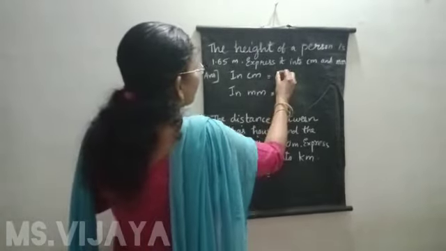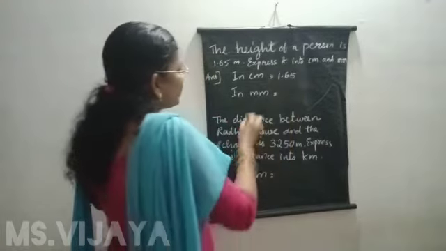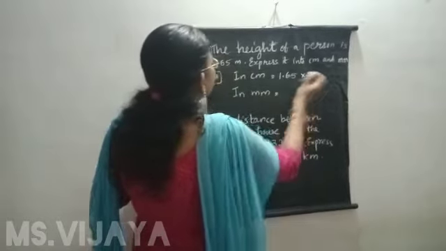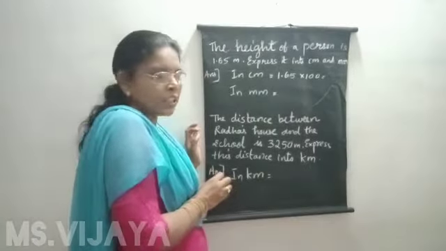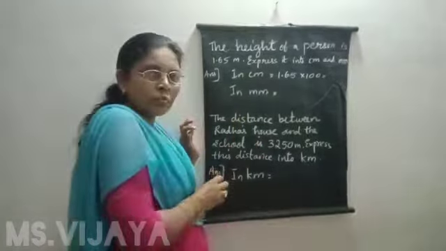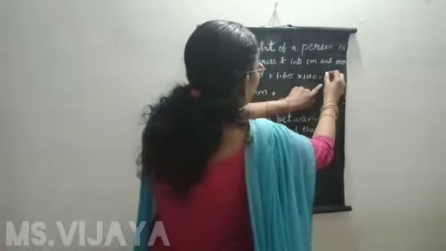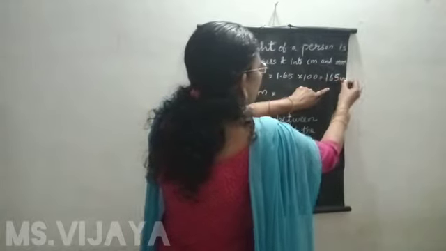Yes, 1.65 into 100. You know that 1 meter equals 100 centimeter. So to change a larger unit into a smaller unit, we must multiply. 1.65 into 100. So what is the answer? 165 centimeter. Understood?